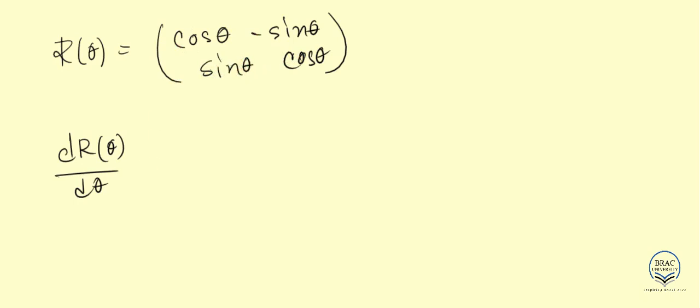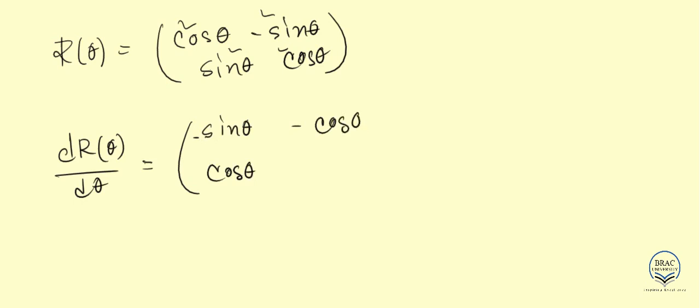In simpler terms, this can be done by just taking derivatives of each of these elements. So if you just take the derivative, this will be just minus sine theta, here will be a cosine theta, there will be a minus cosine theta, and finally you will have a minus sine theta.